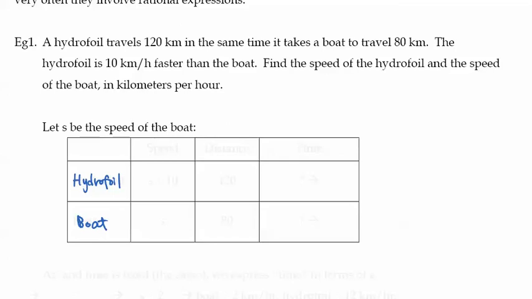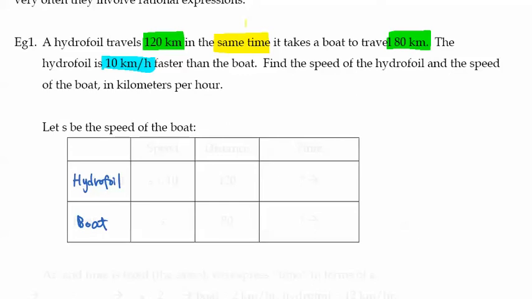So we're going to look at the speed of the two of them. The hydrofoil is 10 kilometers per hour faster than the boat. Here is one number given to us, and we also have the distance given as well. They've mentioned the same time for both of them.